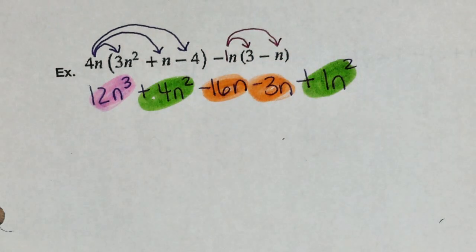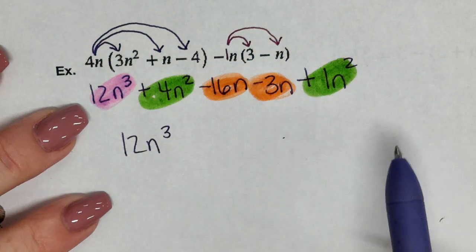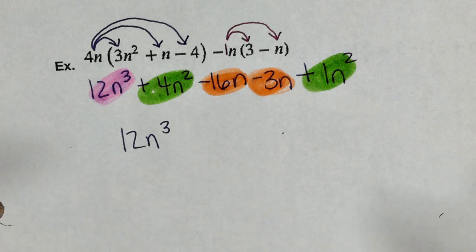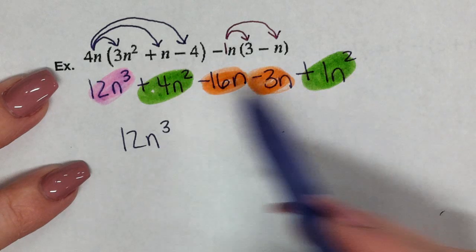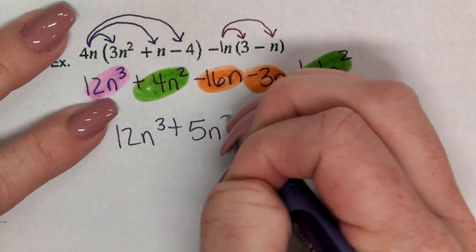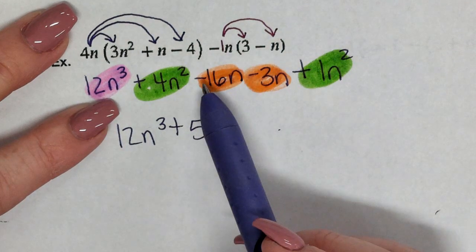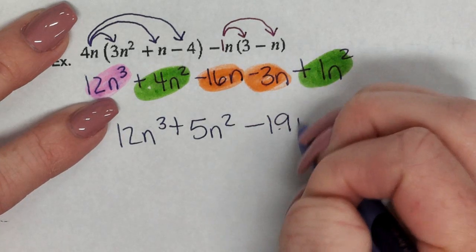Remember that when we highlight, we highlight the sign in front because that's the value that it has, yes? All right, so I have 12n cubed. Now, because we're combining like terms, go ahead and order these from greatest degree to least degree. What would come next? The n squareds. What's 4 plus 1? 5. So plus 5n squared. And then what is negative 16 minus 3? So minus 19n.